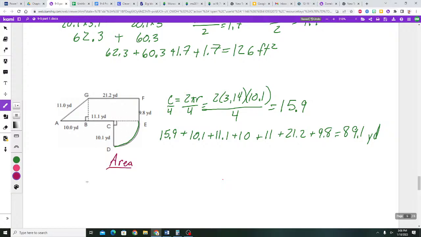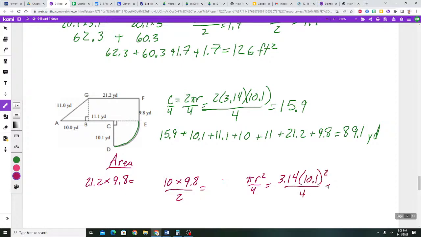The area, we have a rectangle, which is 21.2 by 9.8. We have a triangle, which is 10 by 9.8 divided by 2. And then we have a quarter of a circle, which is pi r squared divided by 4. So that's 3.14 times 10.1 squared divided by 4.